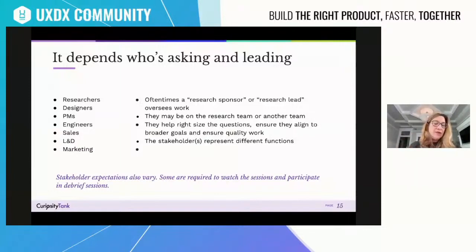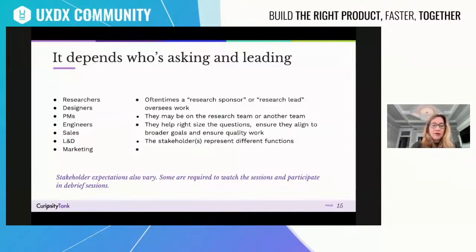Other times there might be a research contractor that's dedicated to it. In other instances, other disciplines or other functions are running rolling research. And those are scenarios in which we're training designers or PMs or engineers, sales, L&D, marketing.